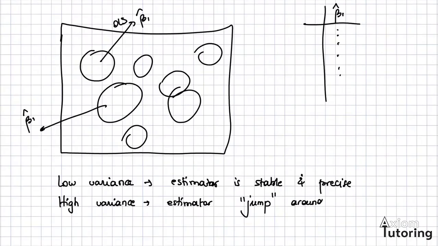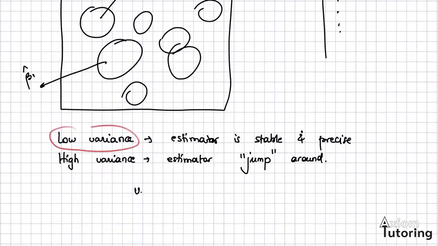So what does it mean? It's not as precise as we might want. So obviously we want an estimator that has a low variance. Even if we miss one or two times being close to the actual true value of the beta, we are still close enough and we are not jumping around too much. Okay, so this is the whole reason why we care so much about the variance of the beta 0 hat and the variance of the beta 1 hat.